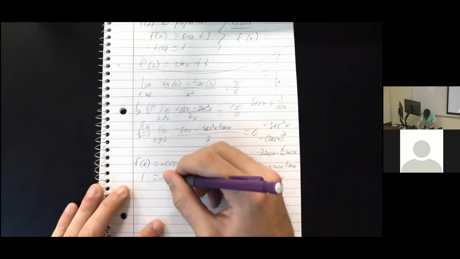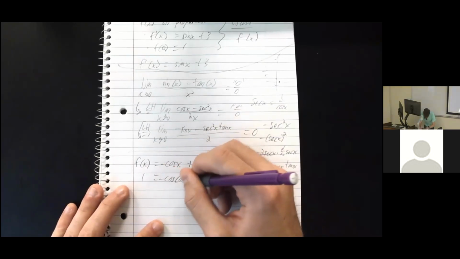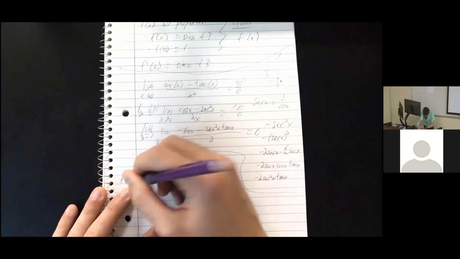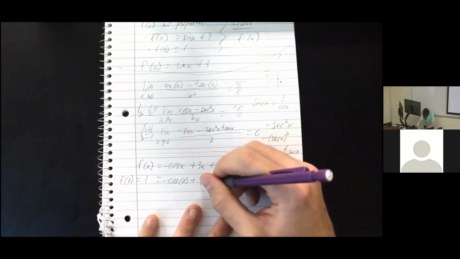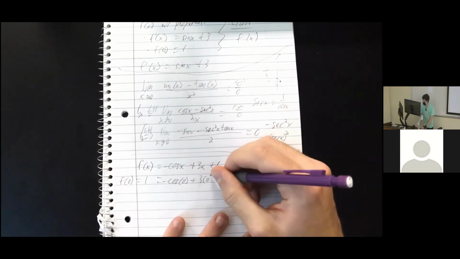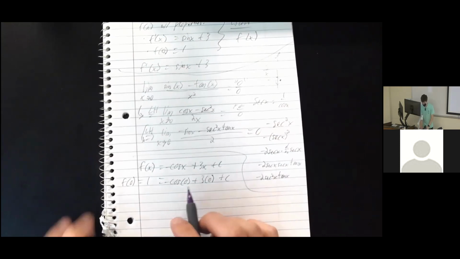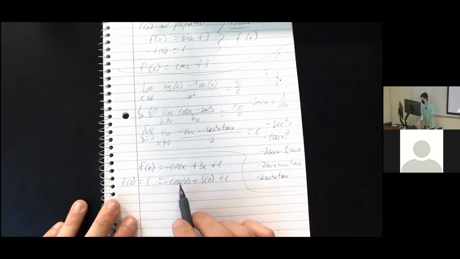So negative cosine of 0 plus, I guess I can write it like this, plus 3 times 0, plus c. And you'll see that after having plugged in 0, or whatever number you might be using, for all of our x values, we're left with one variable, which lets us solve for it, right? So we have to simplify: what's the cosine of 0?